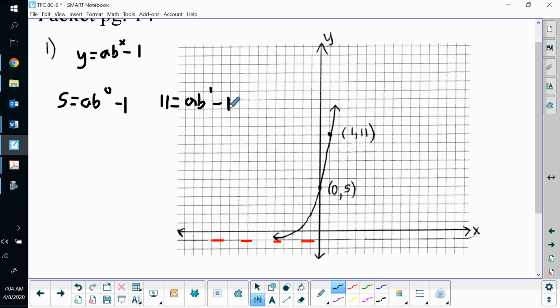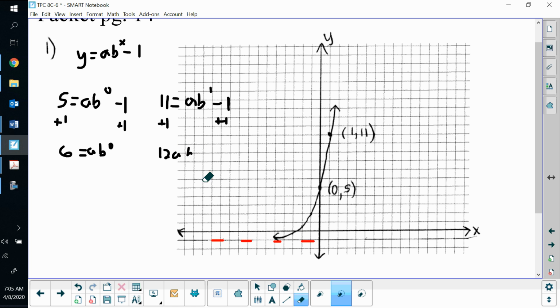So this is the one difference when we're solving. We need to first get rid of the thing we're adding or subtracting. So we're going to add 1 to both sides. So this one's going to give us 6 equals a times b to the 0. And this one's going to give us 12 equals a times b to the first.